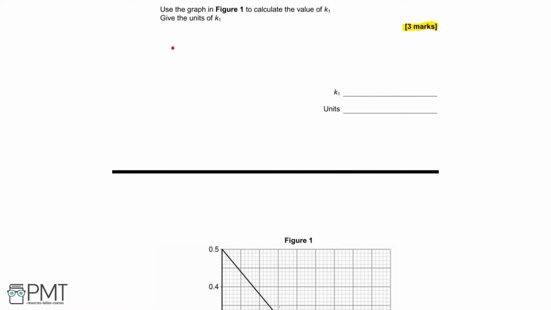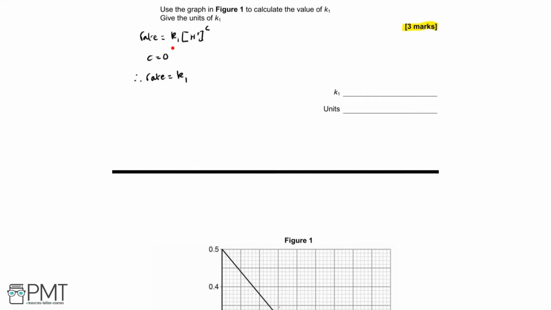We were given previously that the rate is equal to K1 multiplied by the concentration of hydrogen ions to the power of C. However, we have just shown that C is equal to 0. So therefore, the rate is going to be equal just to K1, as we showed that the concentration of hydrogen ions did not affect the rate of reaction.